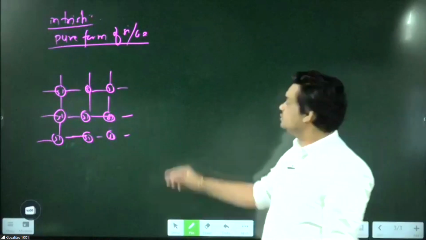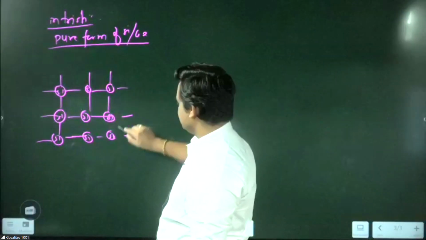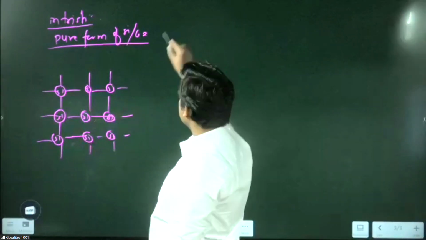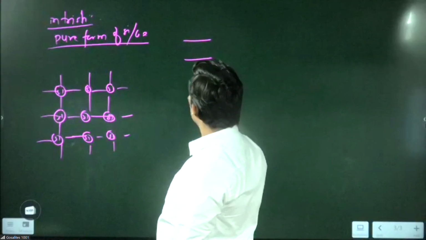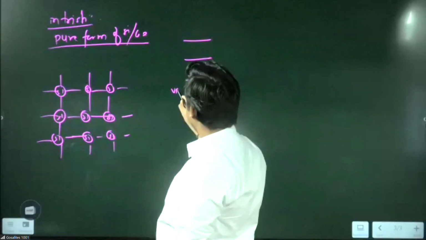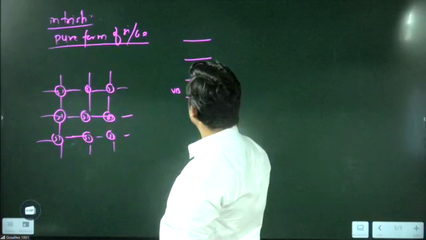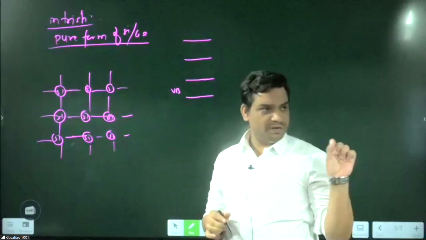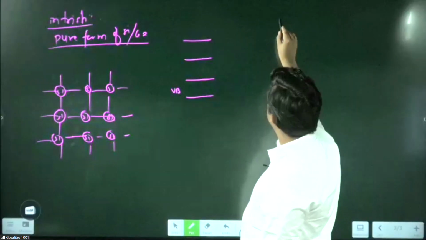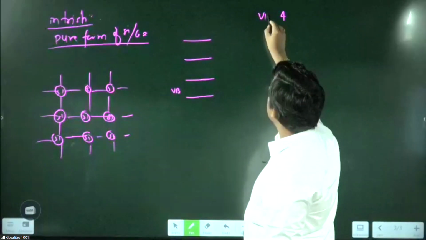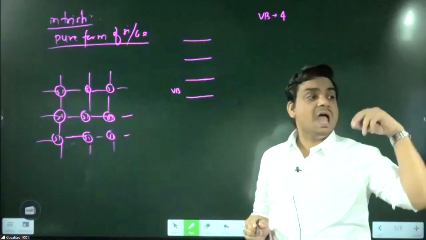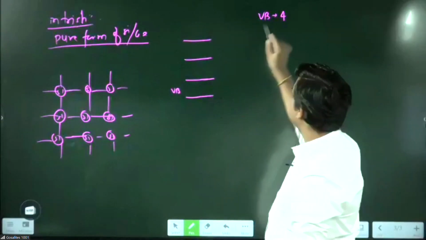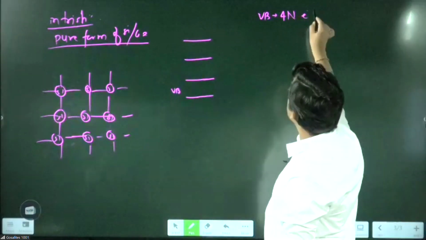No. They will be asking how many electrons will be there in the valence band? We know 4 for one atom, but there are n number of atoms, so there will be 4n electrons in the valence band.